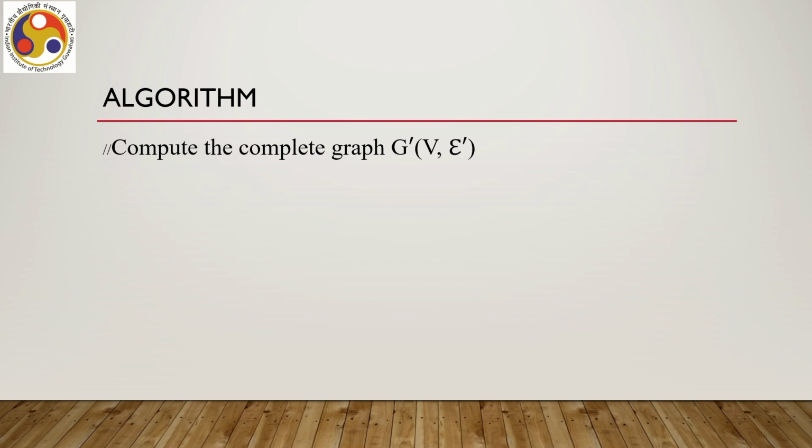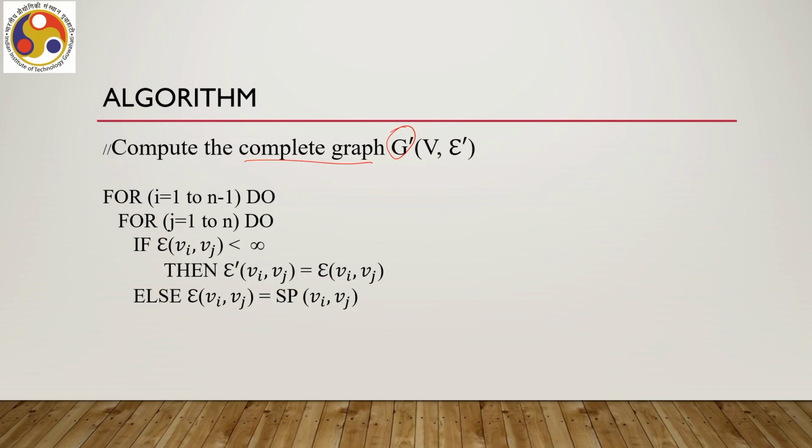First thing, like before, is to compute the complete graph G dash, where we will be replacing the edges that are not directly connected with the shortest path between those vertices. This is what we did before also. Same thing we will be doing here, convert the graph to a complete graph.